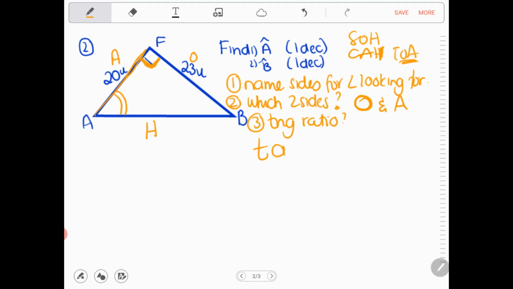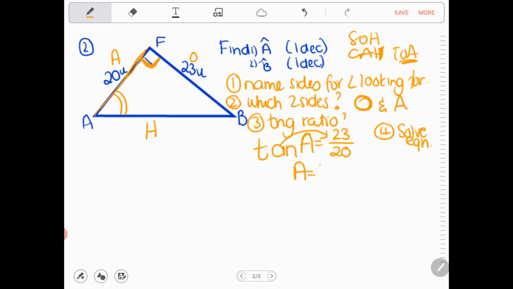So tan of angle A, because that's the angle that I used to name the triangle, is going to be opposite over adjacent. And then we're going to solve it. Again, it's a trig equation. We're looking for an angle, so we're going to have to undo the tan.